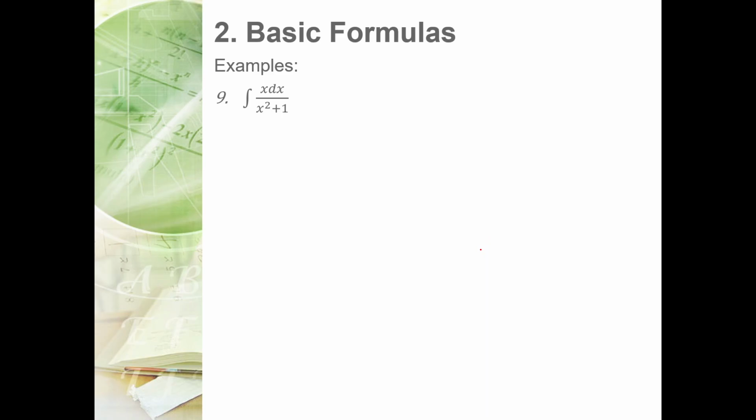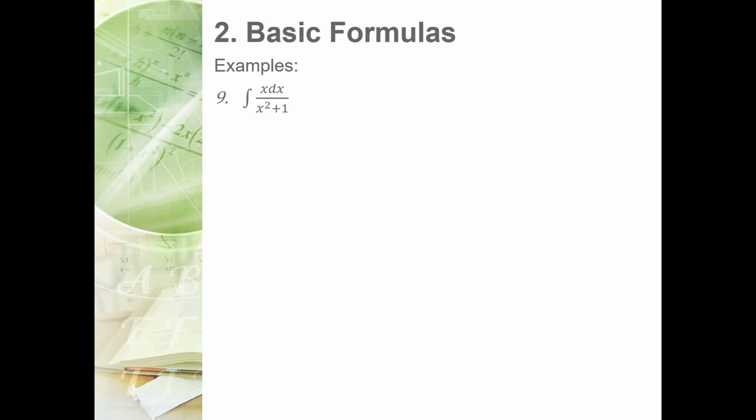Okay, so we have another example, but this time it doesn't fit your exponential rule. This time our higher degree is in the denominator, right? The numerator is the lower degree, x.